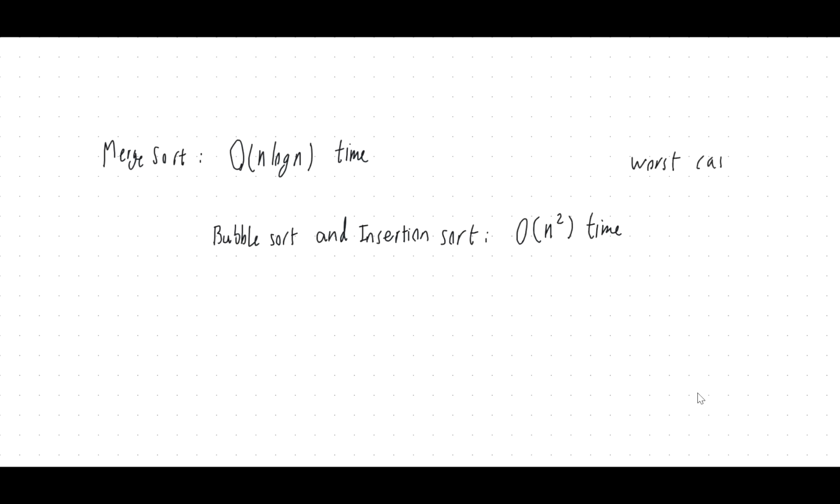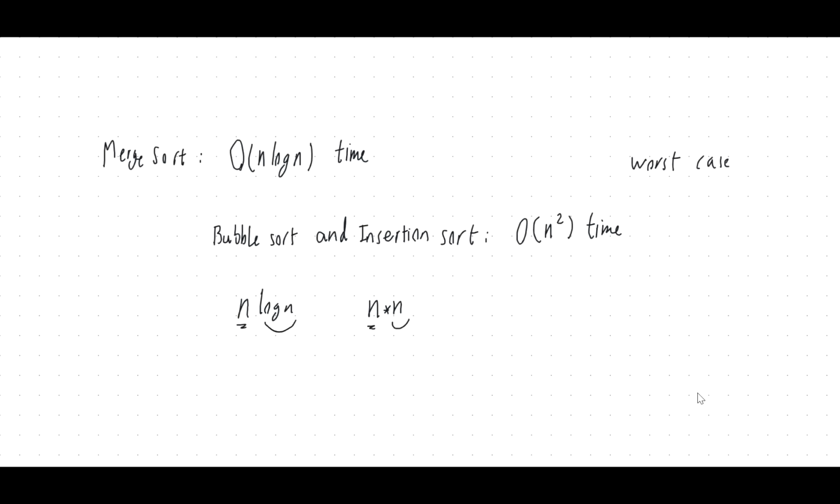Now you want to compare these two, n log n and n squared. So n log n is n times log n, and n squared is n times n. So they have this n in common. If you're comparing the order of growth of these two functions, basically what's left to compare is log n on this side and n on this side. And you should know from calculus or even before that n in comparison to log n grows much, much faster.